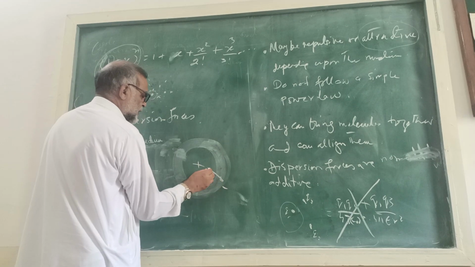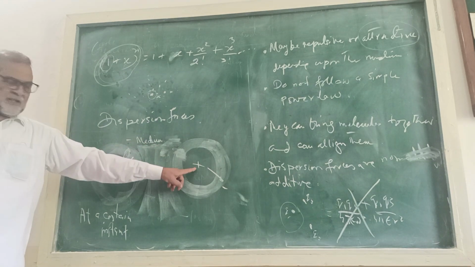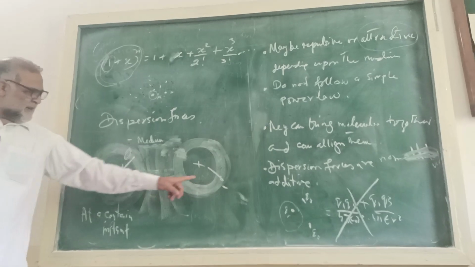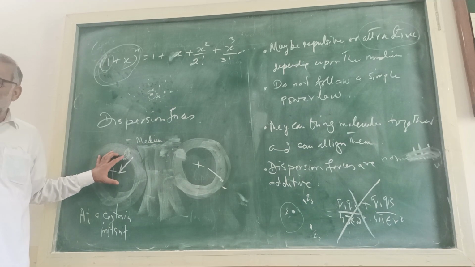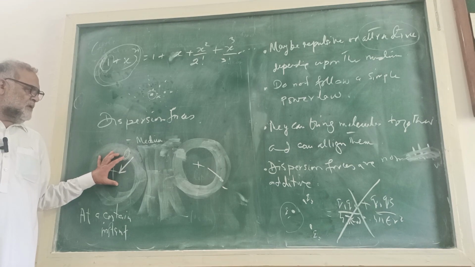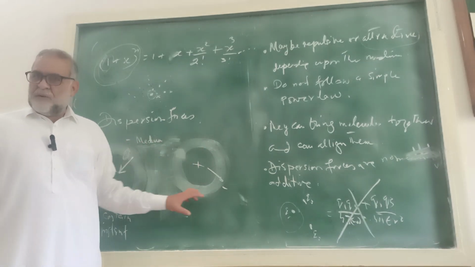That would be negative here, so that this negative can attract a positive, but it is very complicated. So this instantaneous structure or shape determines what should be here.